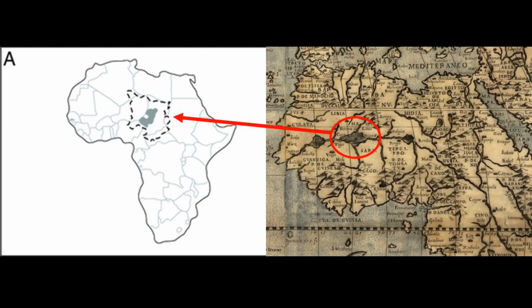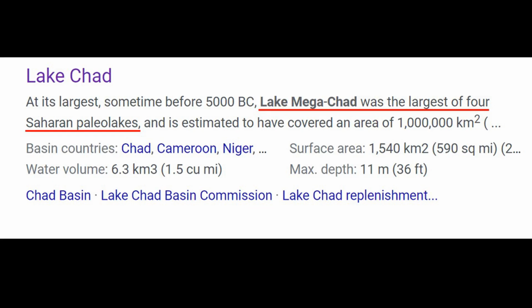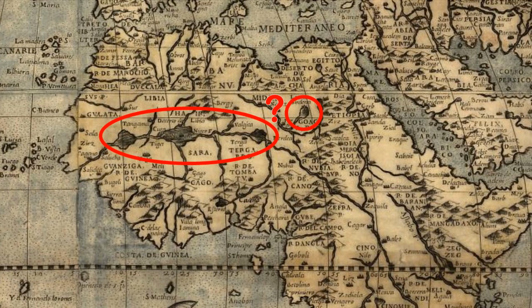Just consider the general region of Lake Chad's location, which is in the modern-day country of Chad, and compare it to these old maps. And now consider this important detail, which is that Mega Lake Chad was actually the largest of 4 paleo lakes in the Sahara. Is that not what this map is showing, and inexplicably 500 years prior to its discovery in modern times?